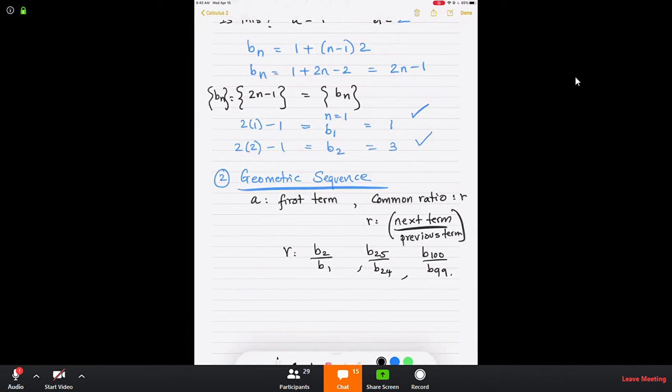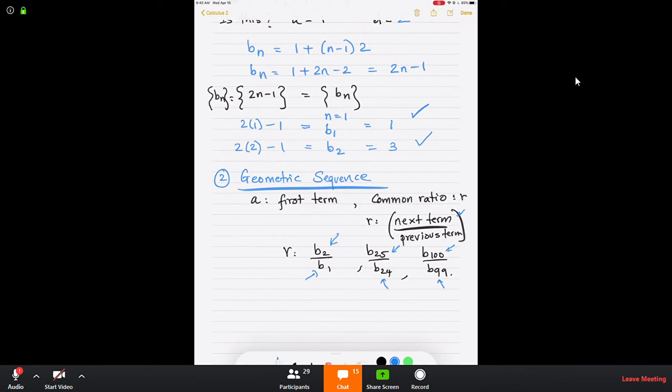So I'm taking the ratio, which means I'm dividing: the 100th term divided by the 99th term, the 25th term divided by the previous term, which is the 24th, B2, the next term, divided by the previous term. That is how I would write it. If you want to change this phrasing to something simpler, go for it.